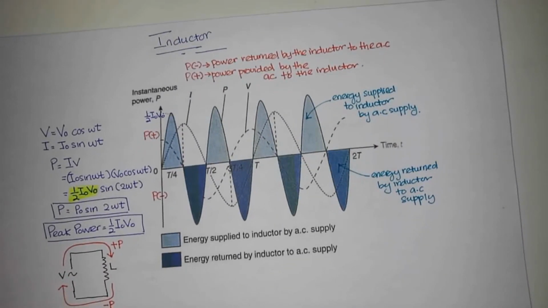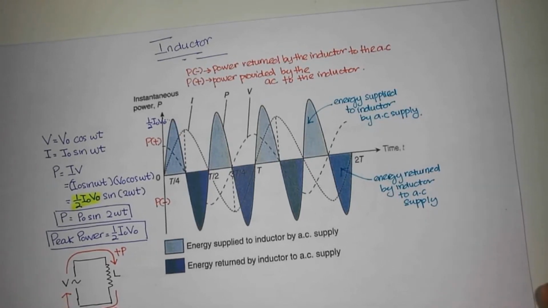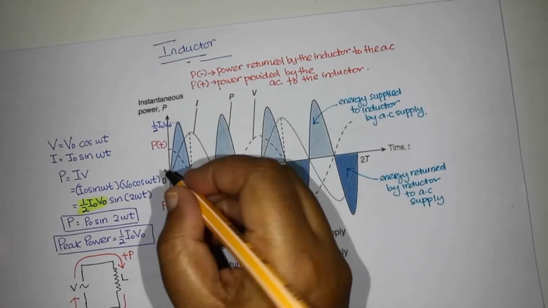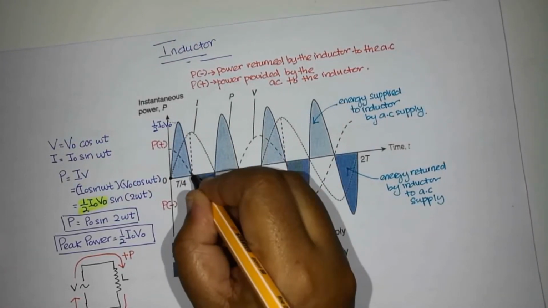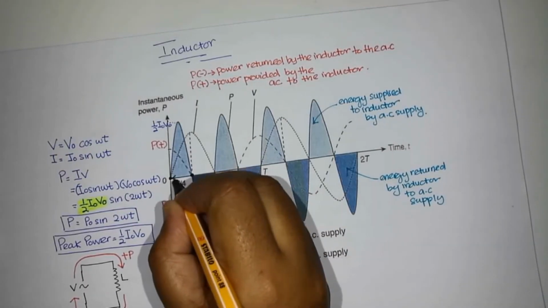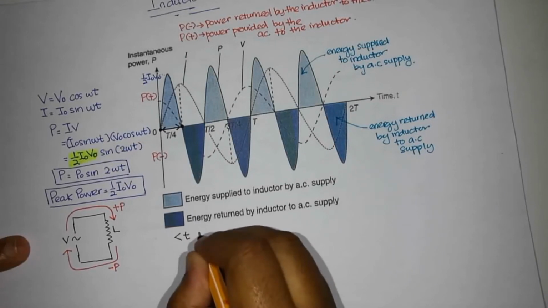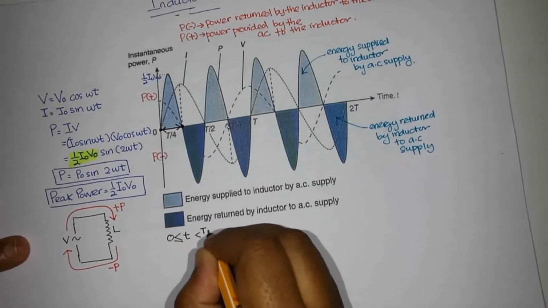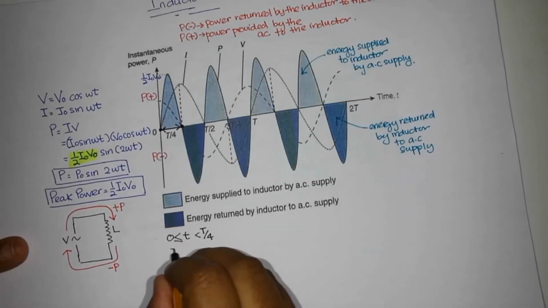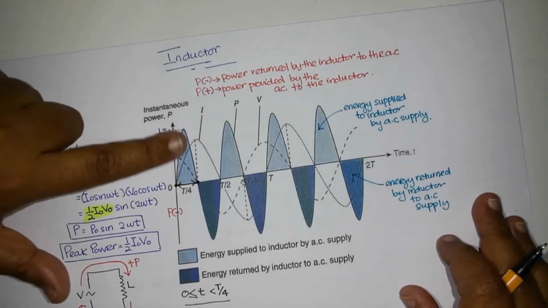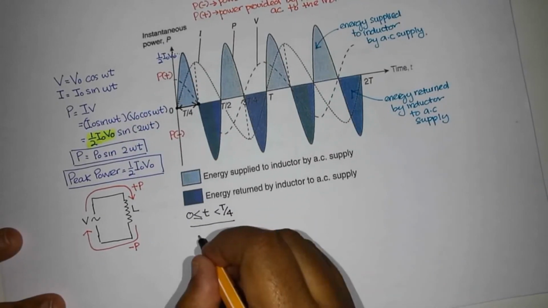Okay, let's describe the graph, which we are going to look at in two time intervals. Here we have from 0 to T over 4. What can we say? From 0 to T over 4, we realize that power is positive.